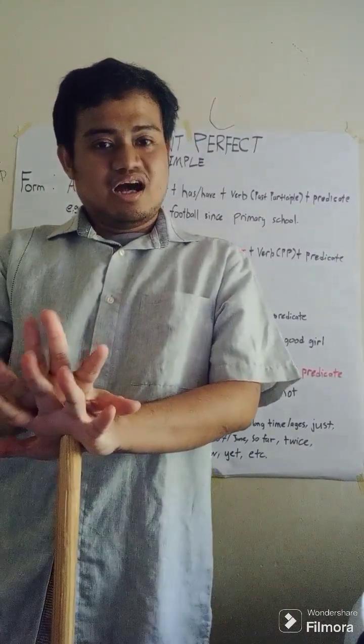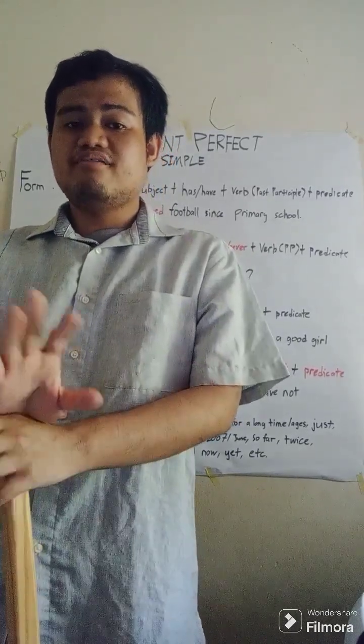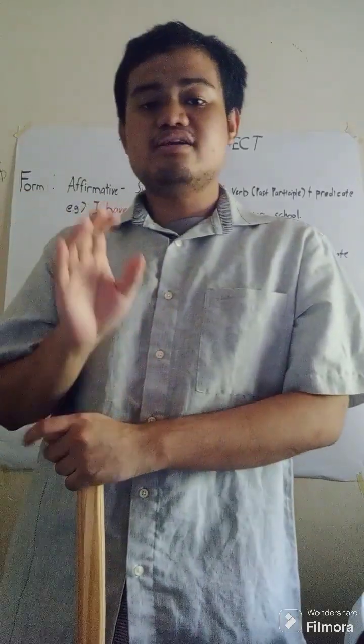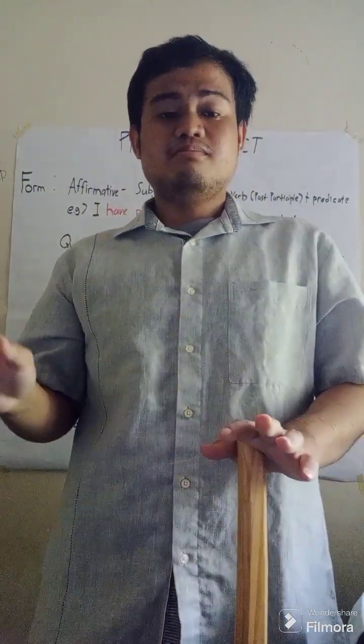Okay. However, I want to highlight the use of since and for time adverbial. We use for as an expression that shows a period or a length of time at the end of a sentence of present perfect simple.